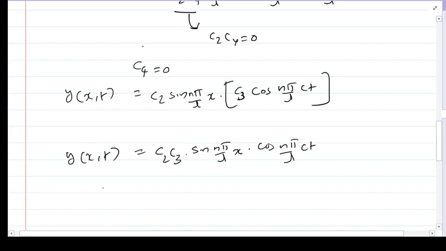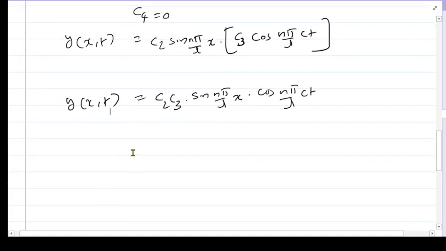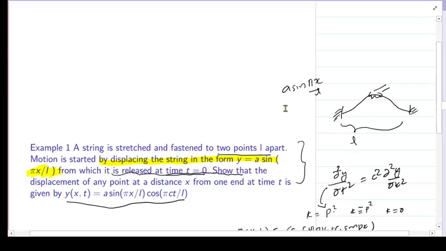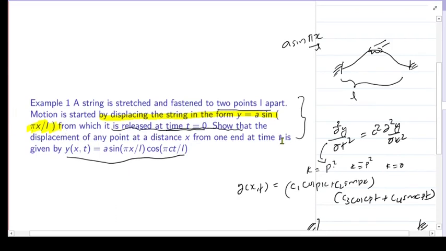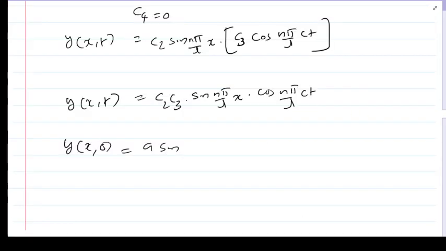Now we put the final case, the initial deflection, which is given: y of x,0 is equal to a sin(pi x by l). In the question we can see a sin(pi x by l).